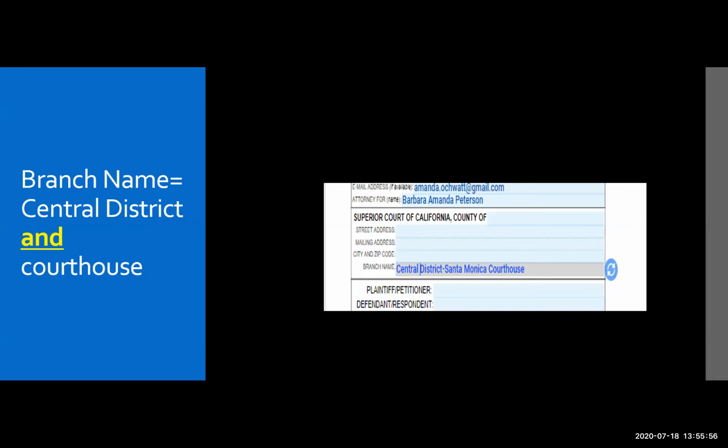So for example, let's pretend on this one we're in the Central District, but the Central District has a lot of courthouses. So where are we? Well, we're at the Santa Monica Courthouse. So if we were down towards San Diego, we would no longer be in the Central District. So again, for your branch name, you need what district and what courthouse.